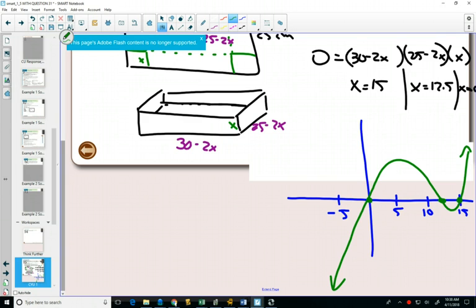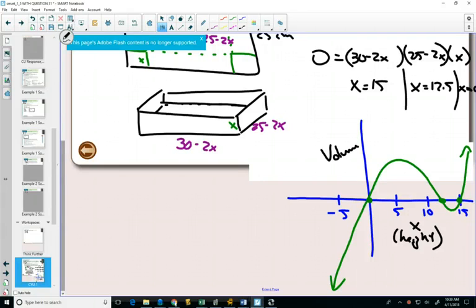Now it asks for the domain of this graph, and if we were just given the graph and asked the domain, you would say everything. X is an element of the real numbers. But we have a real life situation here, and sometimes it's nice to label what these things are. Our x happens to be the height of our box, and our volume is right here.